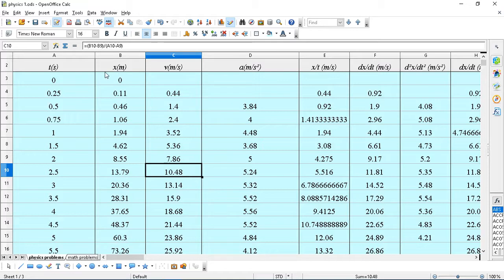As you can see, the formula is the same as you go down column C.